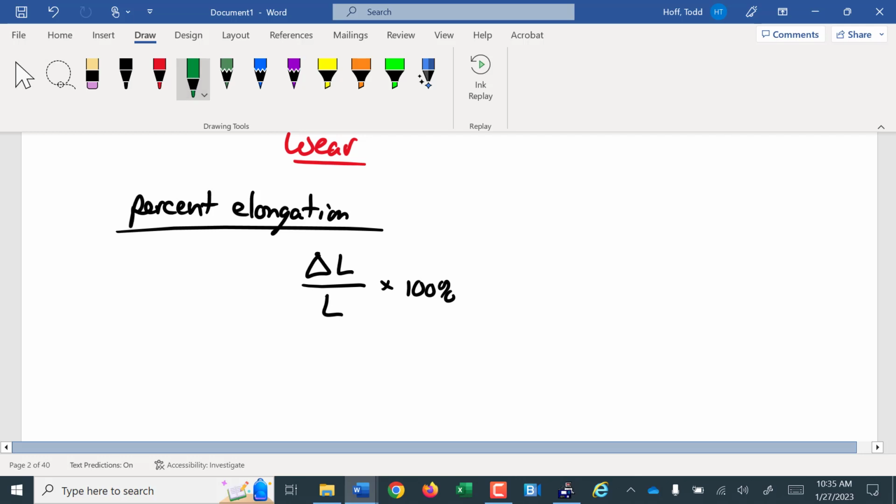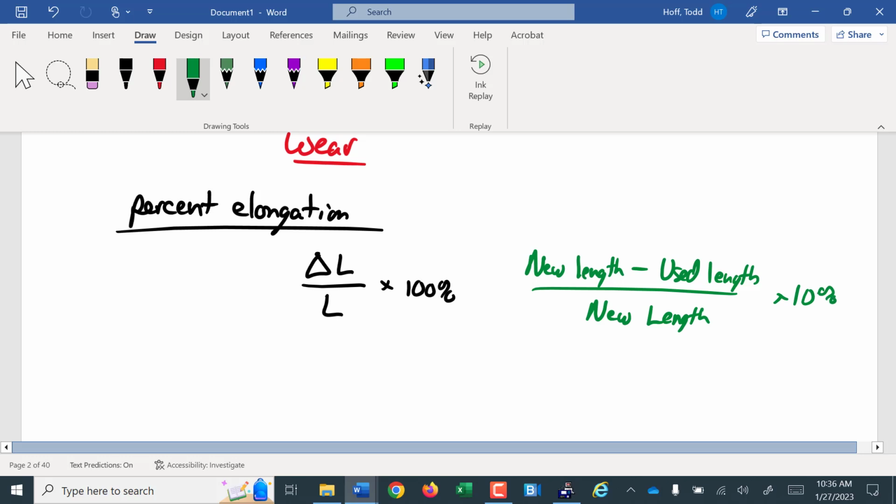Sometimes written, the change in length is the new length minus the used length or worn length over the new length, then of course times the 100%.